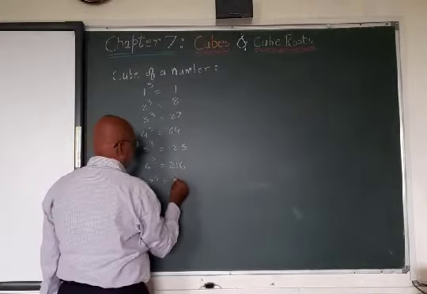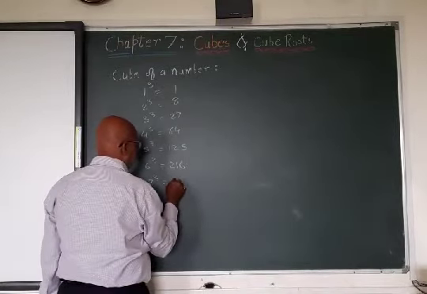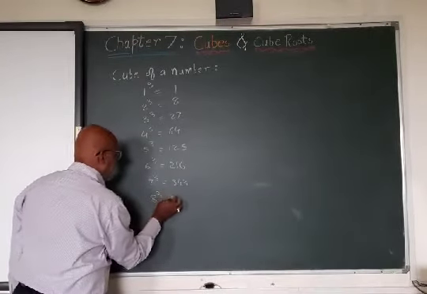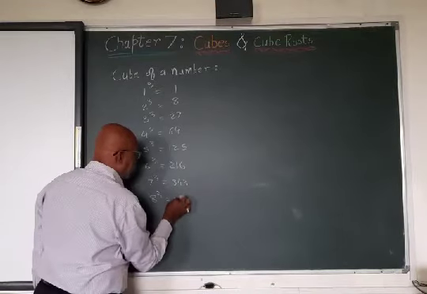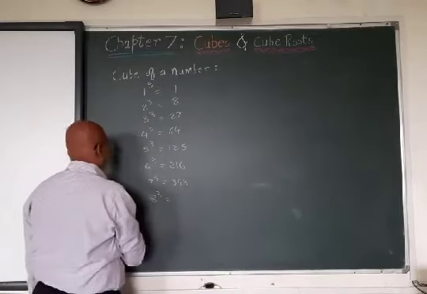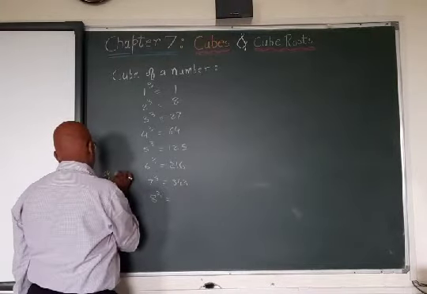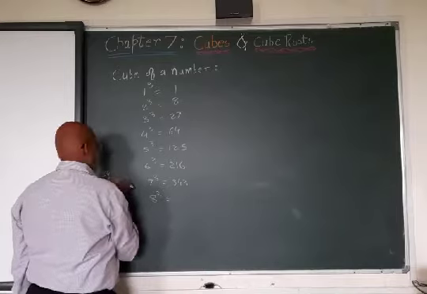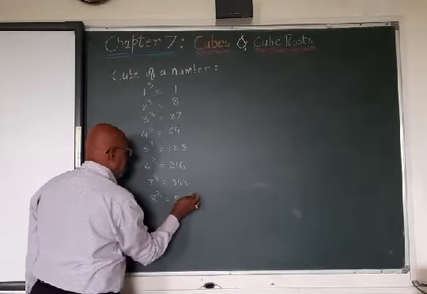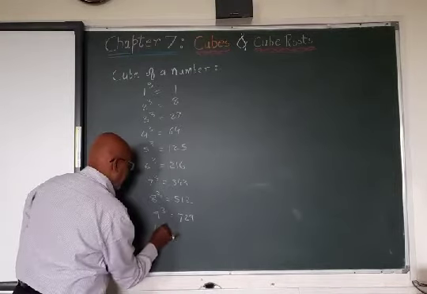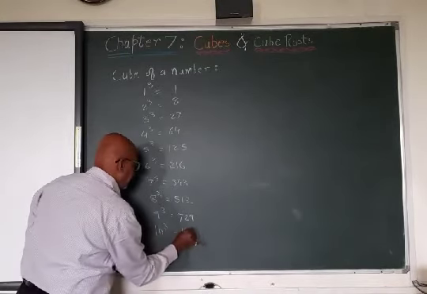it is 343, 8 cube 512, 9 cube is 729, 10 cube is 1000.